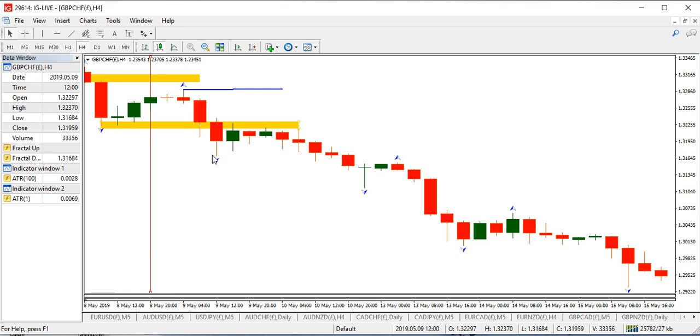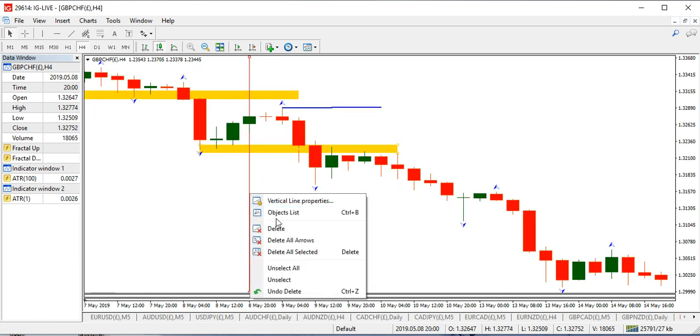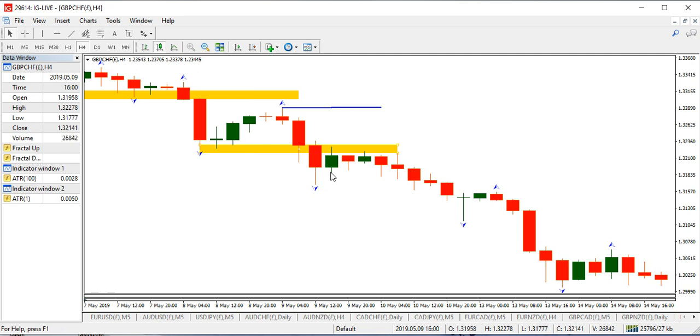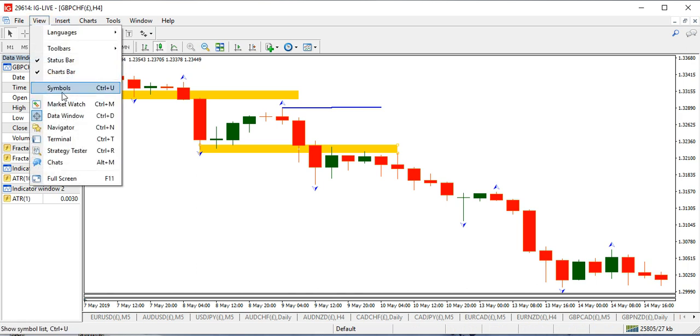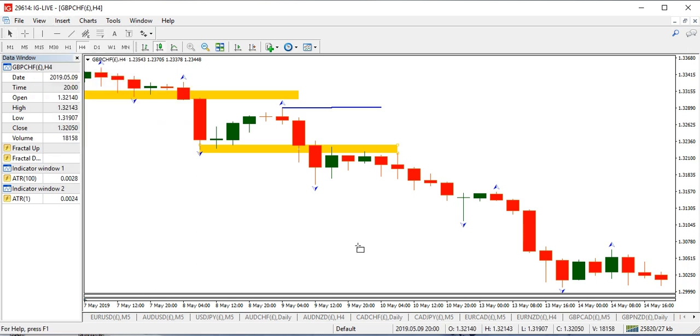So we've come down. Price has made a low here, and then tracks back up again. And so in effect, it's given us another zone. This is back on the 4 hour chart. So we can do this. We go down to shapes, rectangle.